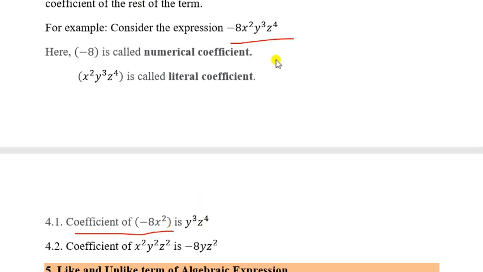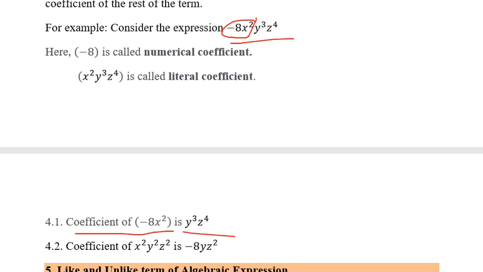That means from this expression, without minus 8x square, the rest will be the coefficient. So without minus 8x square, the rest is y cube and z to the power 4. So y cube and z to the power 4 is the coefficient of minus 8x square. Is it clear?